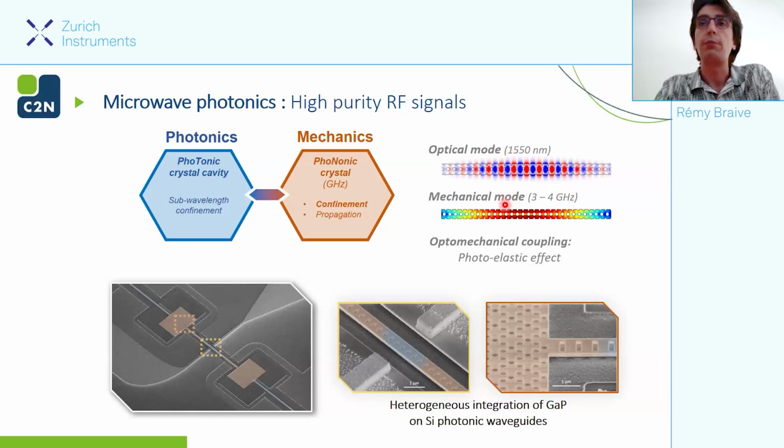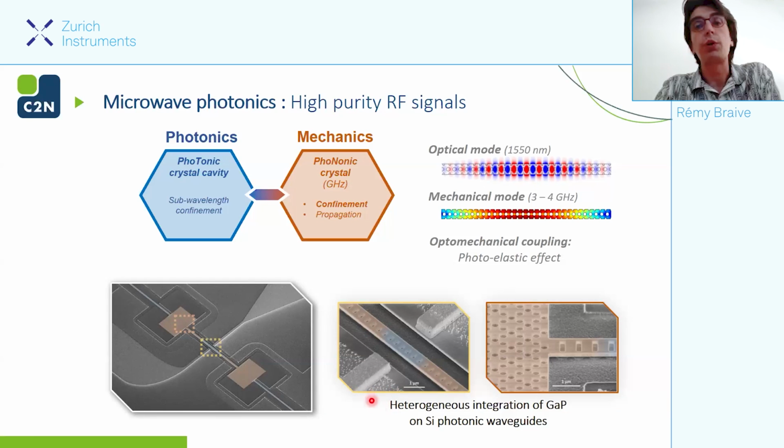Because the systems are coupled and they are at the same place inside the photonic crystal, the optomechanical crystal, we have a strong coupling between the optics and the mechanics. And so we have, thanks to a photoelastic effect, optomechanical coupling. And here you see some zoom images of our system. Here is more the optics in blue, and there is the mechanics more or less at the same place.